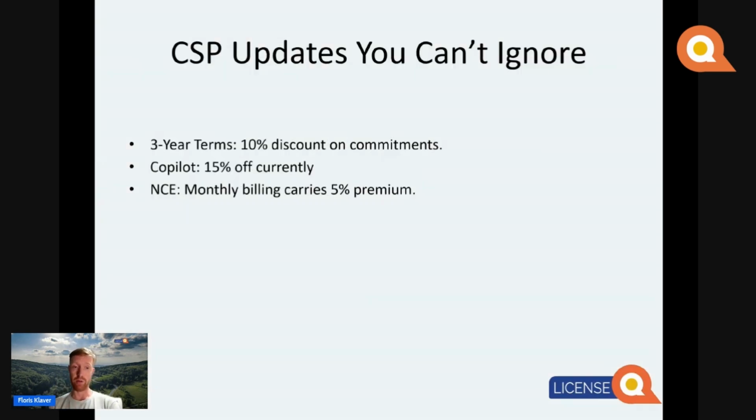One of those alternatives being CSP. Microsoft is obviously not sitting still there. So currently you can buy 3-year term licenses for M365, E3, E5, and some associated products like Teams and E5 security and compliance, if I'm not mistaken.